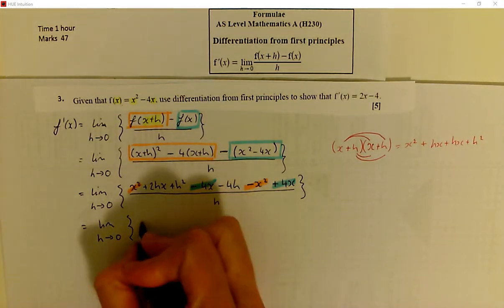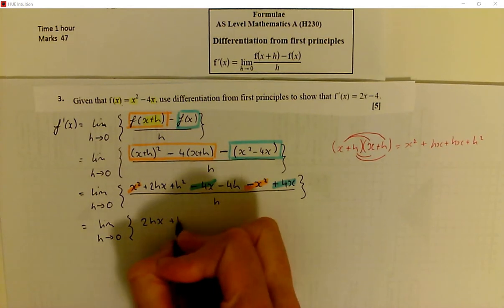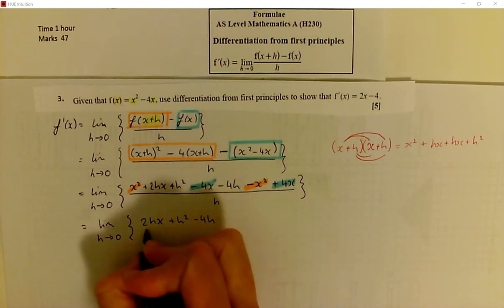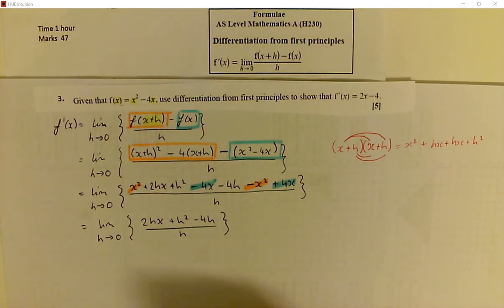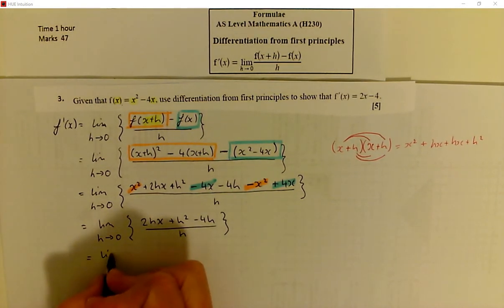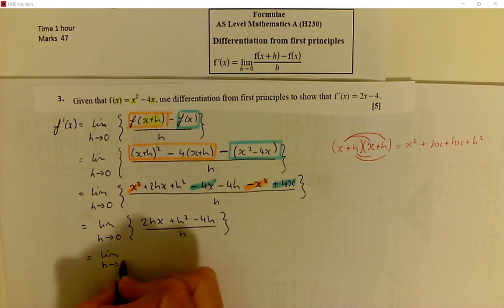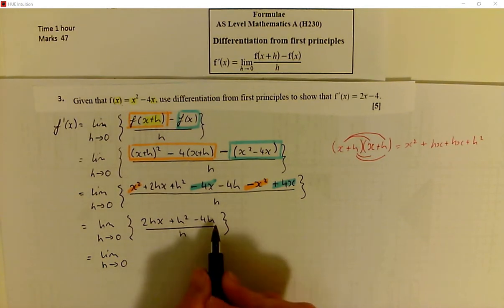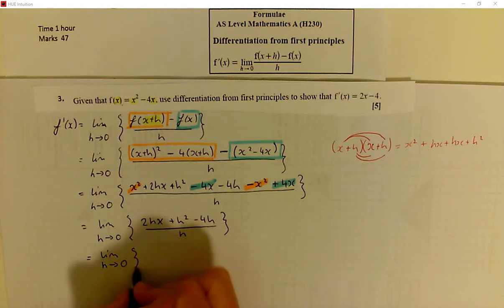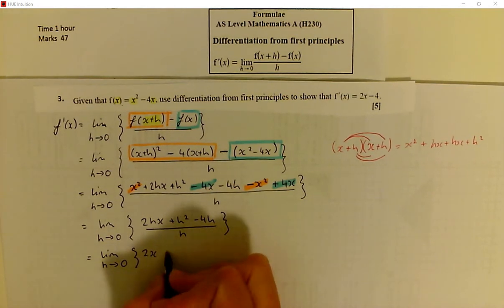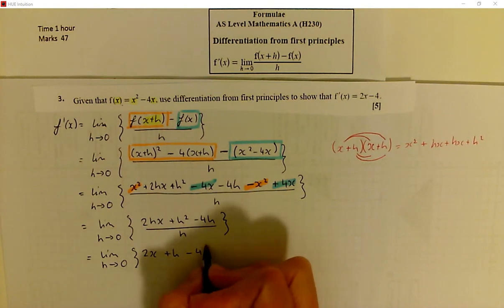We've got 2hx plus h squared minus 4h all over h. Now we can't simplify the numerator anymore. We are going to divide every term by h. It's not just one of the terms, every term gets divided by h. So we get 2x plus h minus 4.